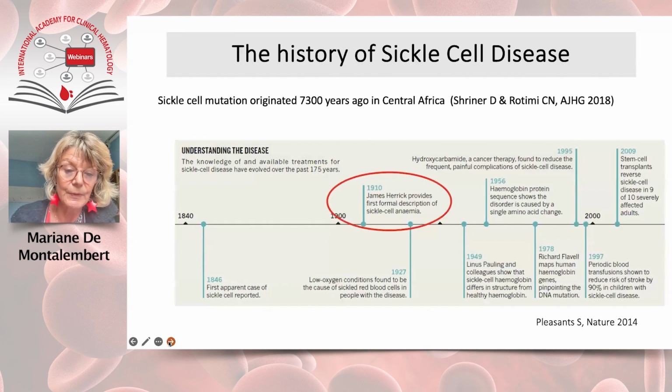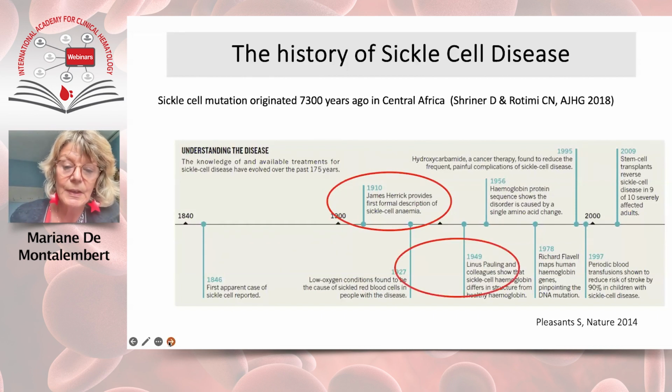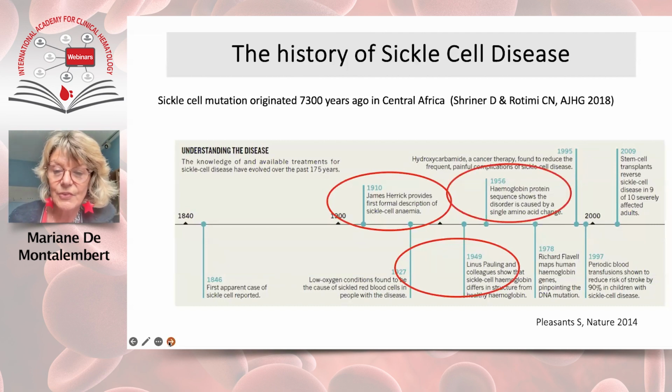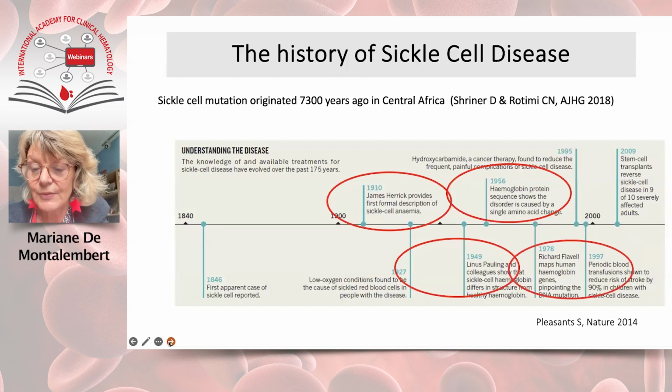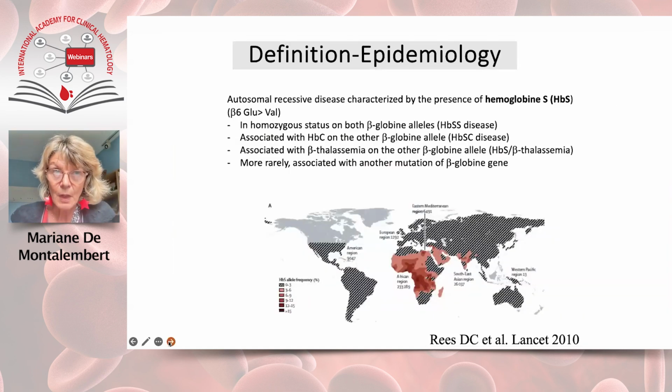There are some important dates: 1910, with the description of the first case of sickle cell anemia; 1949, with the evidence of the abnormal HbS hemoglobin; 1956, when it was shown that the disorder is caused by a single amino acid change; and 1978, pinpointing the DNA mutation.